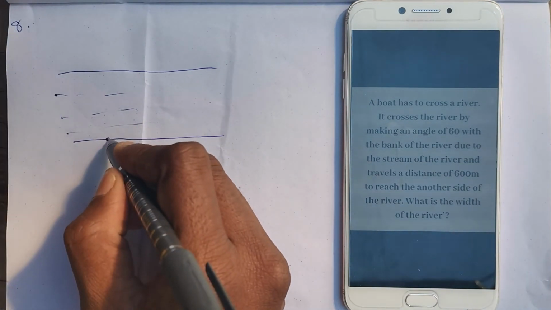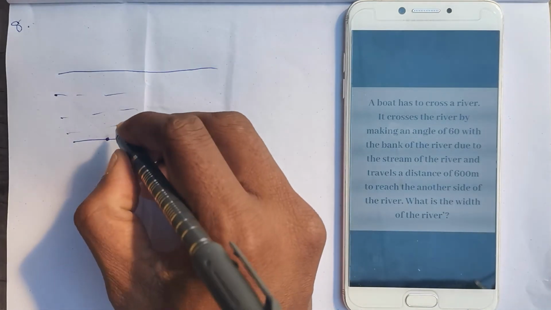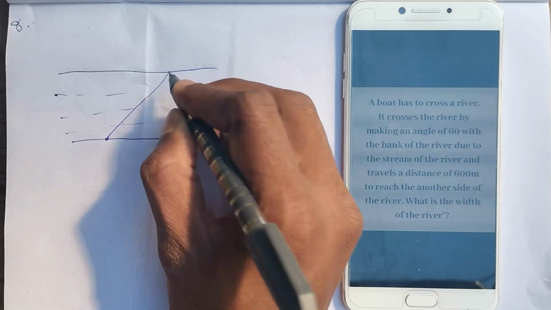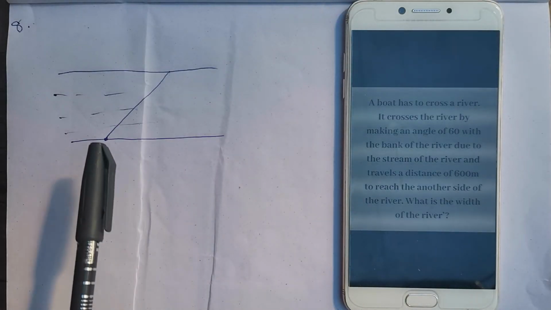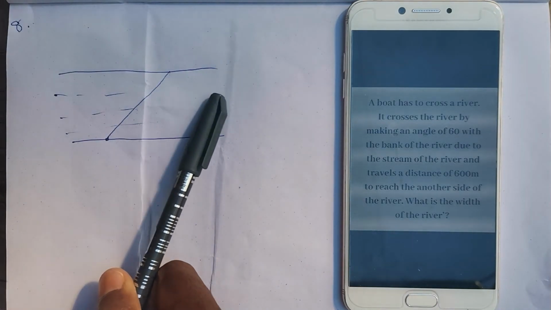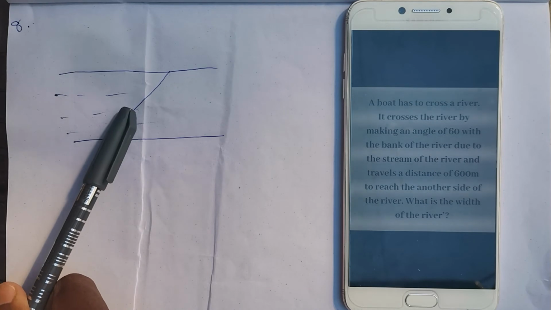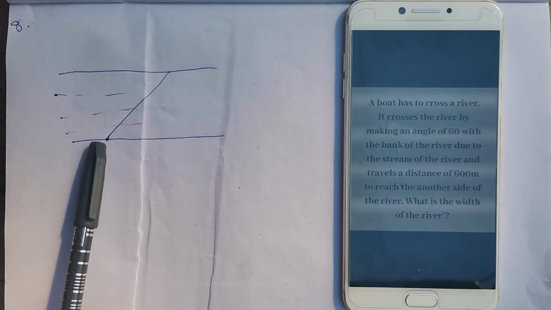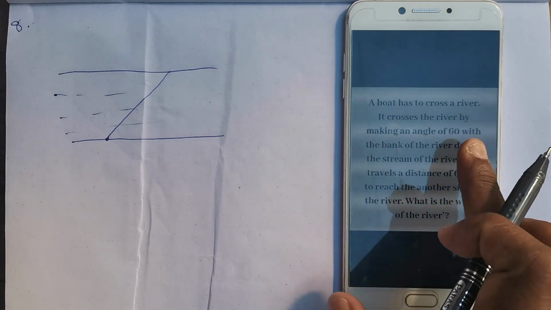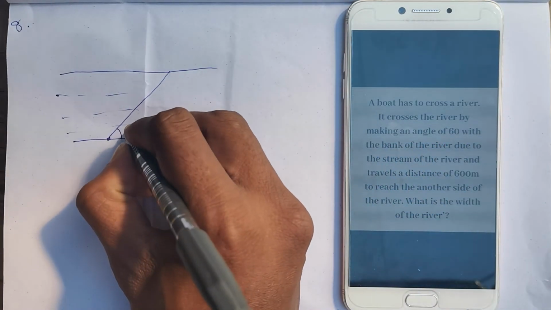If a boat travels from here, due to the flow of the river, it goes like this, but not in a straight direction, because the water flow will move this ship towards this right side. It won't go in a straight way because the water is flowing. And he clearly mentioned it is making an angle of 60 degrees.